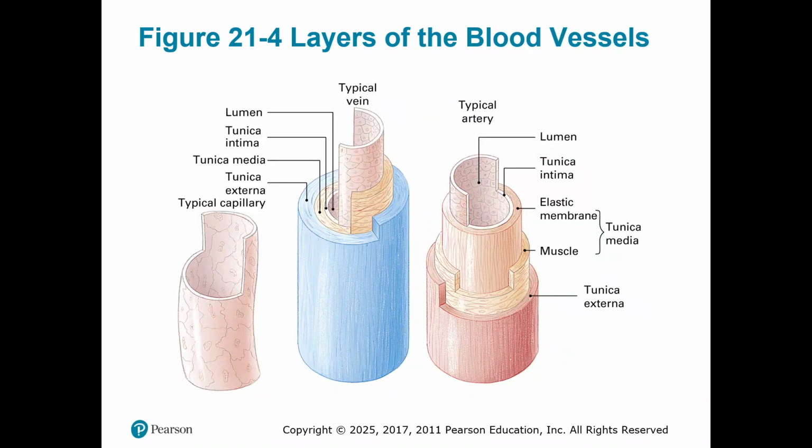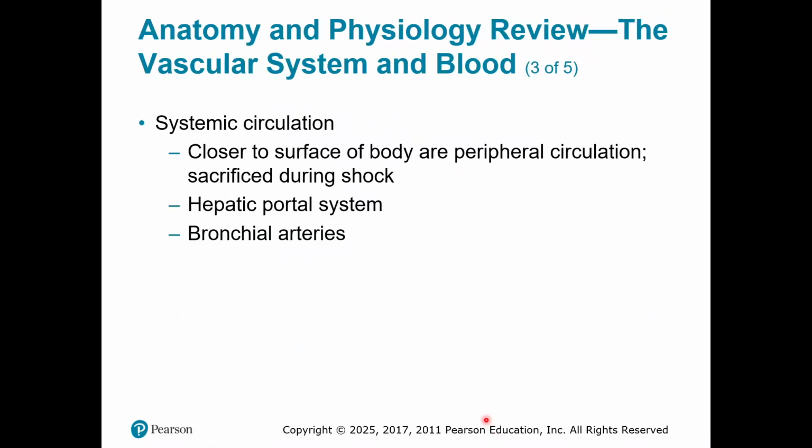Just looking at some notes to make sure we covered everything. Systemic circulation, closer to the surface of the body, or peripheral circulation, is sacrificed during shock. The hepatic portal system, the bronchial arteries, but basically it's saying peripheral circulation.